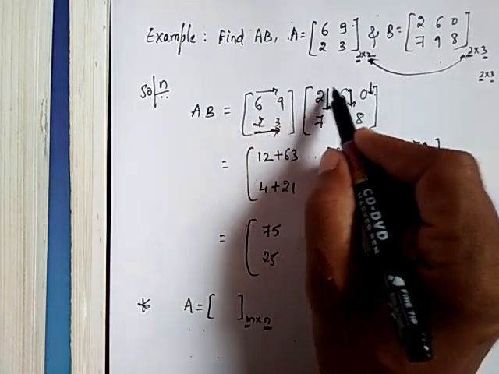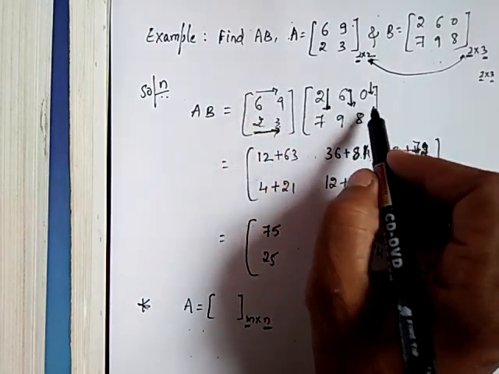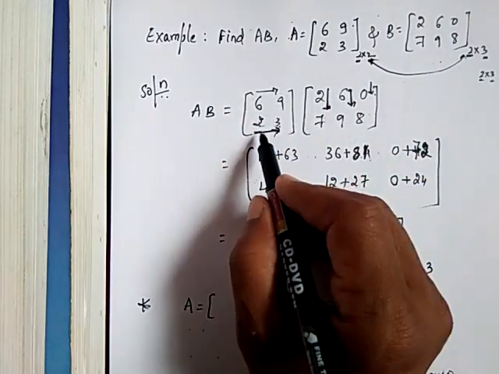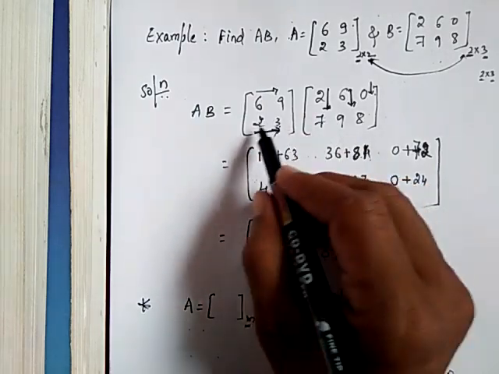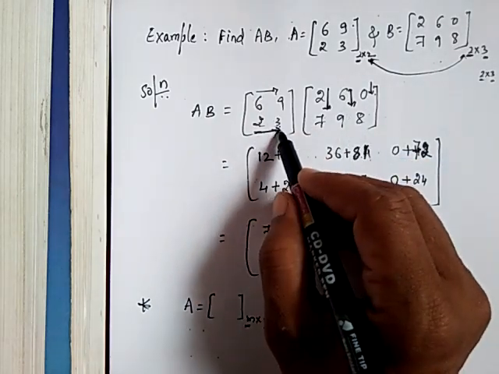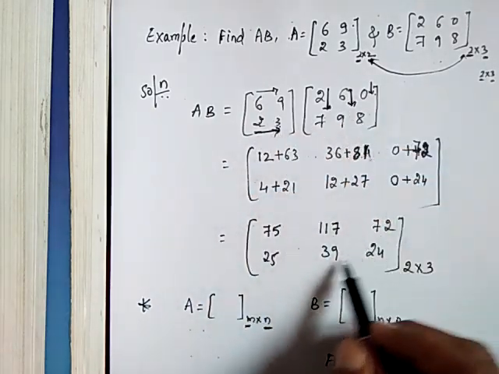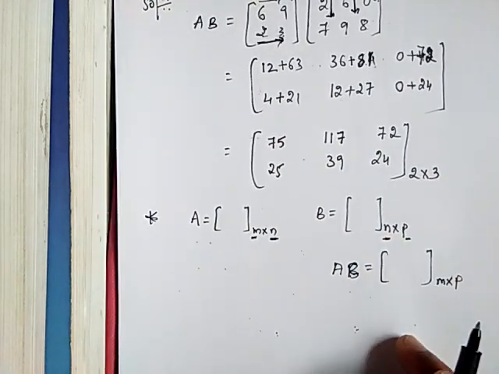First row, first column, first row, second column, first row, third column, you multiply and write like this. Next you go for second row, first column, write here, second row, second column, write here, second row, third column, write here, add like this, so that you will get the matrix like this.